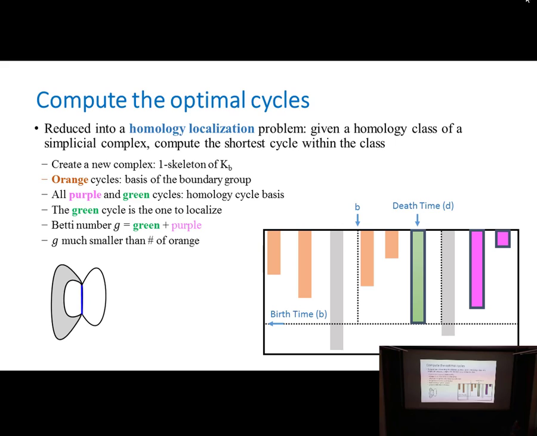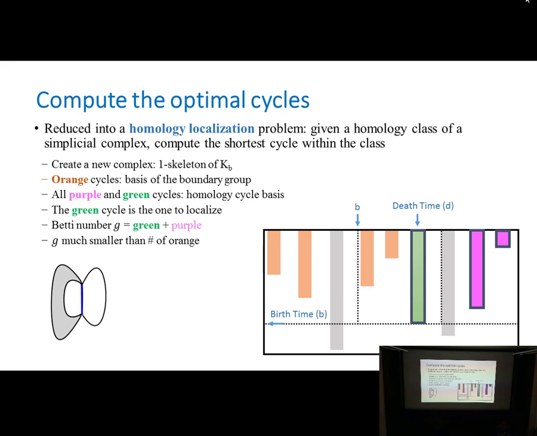So we can construct a simplicial complex, basically using the one skeletons of this complex of birth time B, and basically all the colored columns are the cycles of that complex, and then we make some of them boundaries, in particular the orange ones, and then the green and purple ones form a homology basis of that complex.